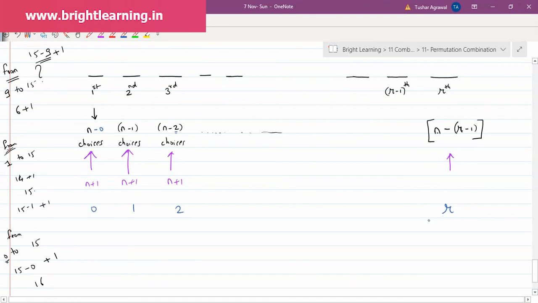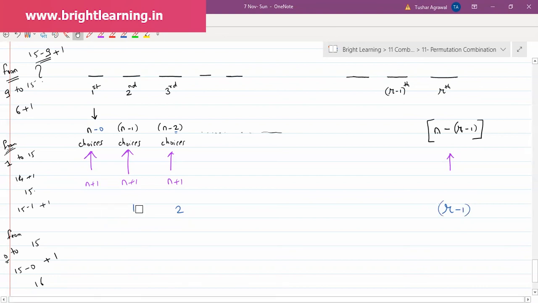From 0 to r, you have included r plus 1 numbers. But I don't want r plus 1 numbers, I want r numbers. So I will subtract 1, giving r minus 1. Is the explanation clear? How I arrived at lastly n minus (r minus 1)? Yes, sir. Everybody? Okay.